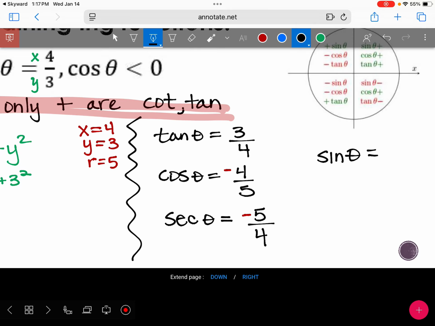Sine is Y over R, which is going to be 3/5, but it has to be negative. And then lastly, we have our cosecant. That's 5/3, and it has to be negative. All right, we got one more, and then we are done for today.